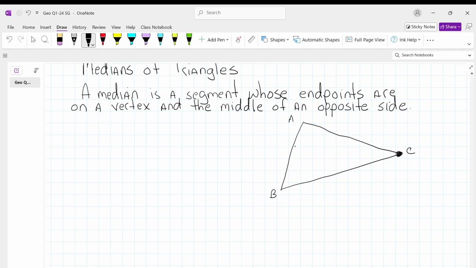So the middle of side AB would be about here. I'm going to call it D. And if I connect those 2 points, if I connect D and C, all right, DA is congruent to DB because D is a midpoint, then DC is a median. Connects a vertex to the middle of its opposite side.